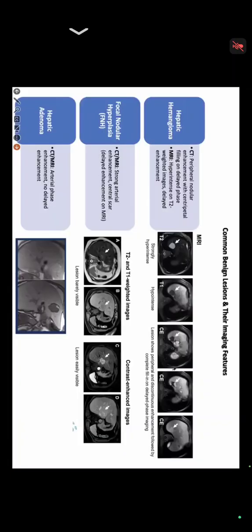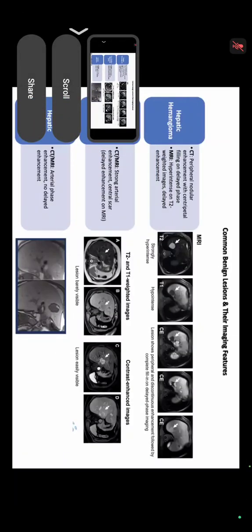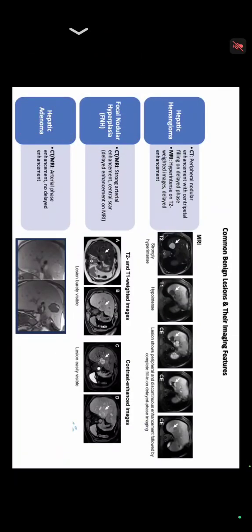Coming to how the various enhancements and imaging help us in characterizing the lesions. We know the common benign lesion is hepatic hemangioma. CT shows peripheral nodular enhancement with centripetal filling on the delayed phase, and on MRI it will be T2 hyperintense, and delayed enhancement will be present in hemangioma.